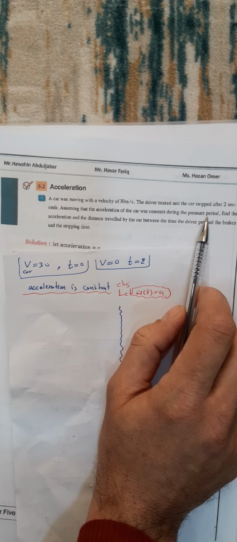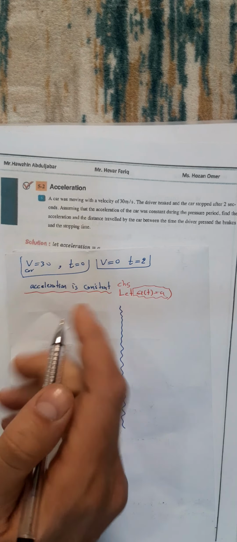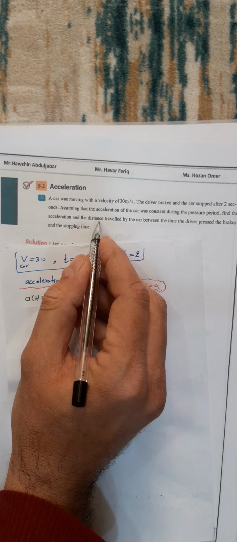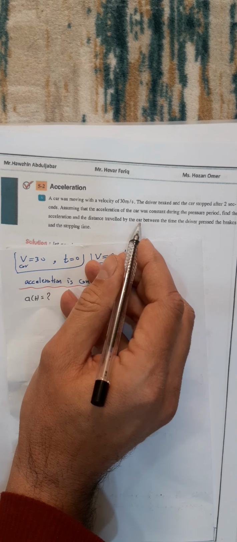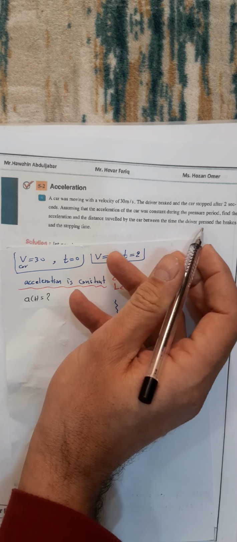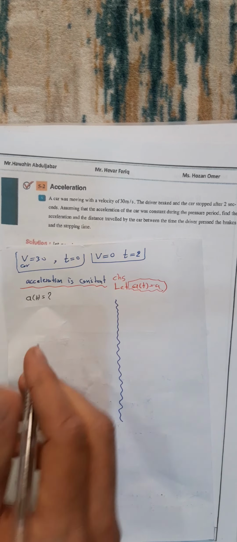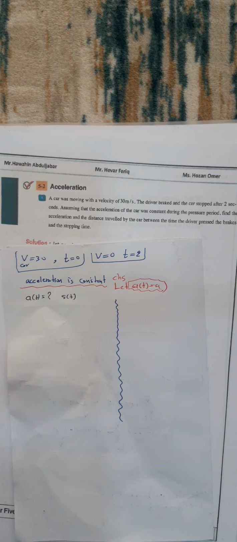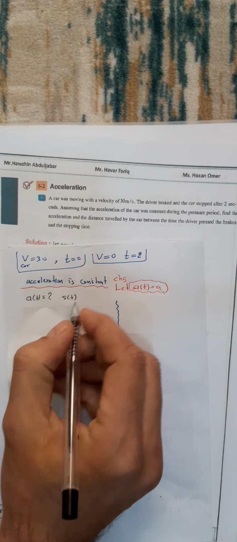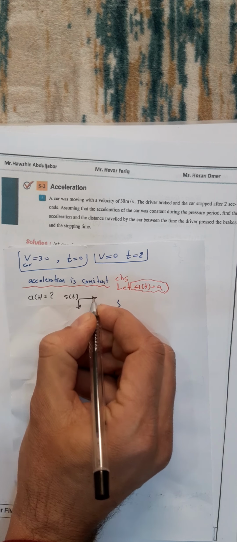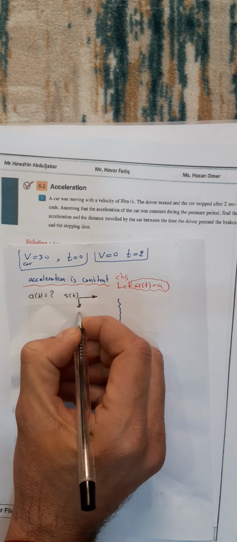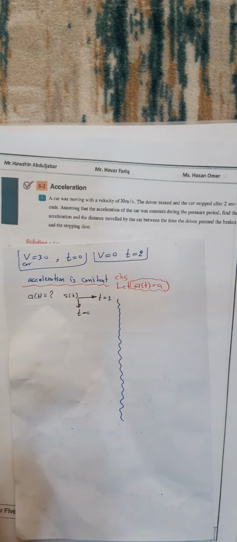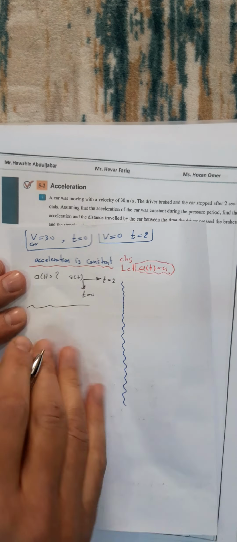During the pressing period, find the acceleration, find a, and the distance traveled by the car between the time the driver pressed the brake and the time of stopping. The distance means s of t, the position, between the two times, between time of braking, 0, and time of stopping, 2. So between 0 and 2. Now solve.